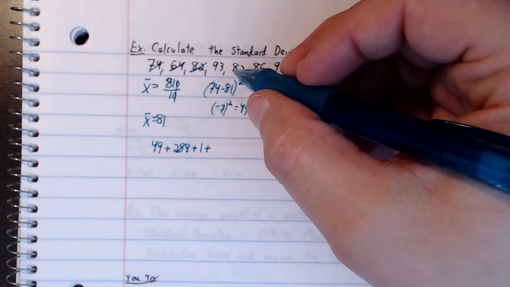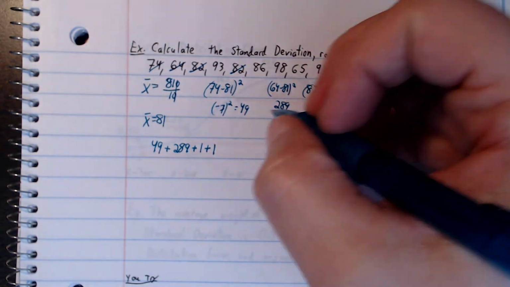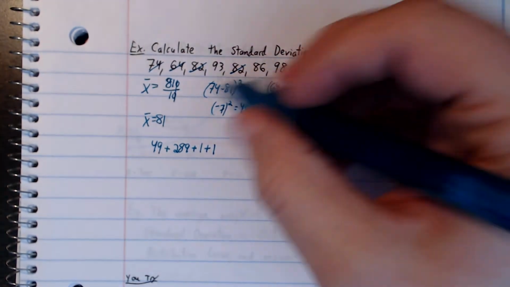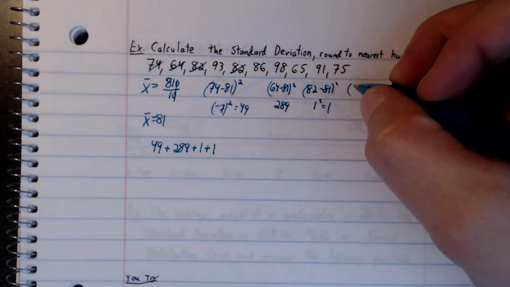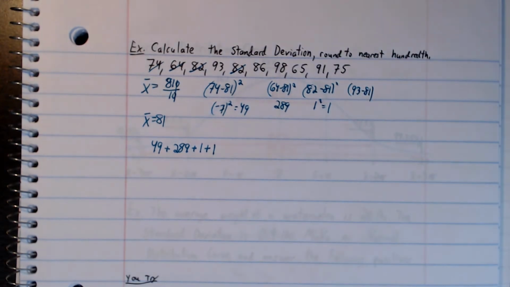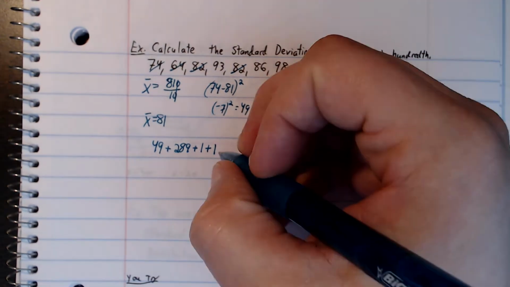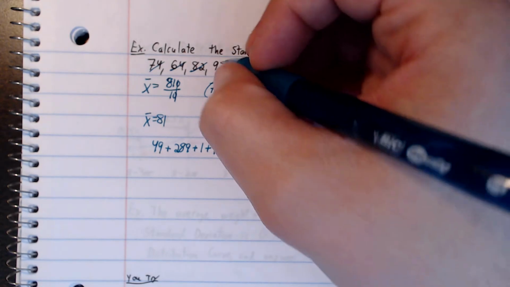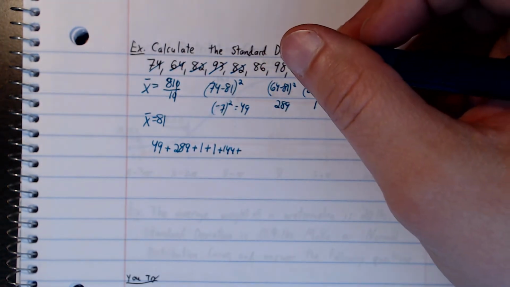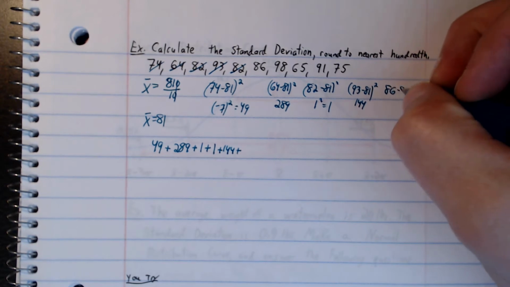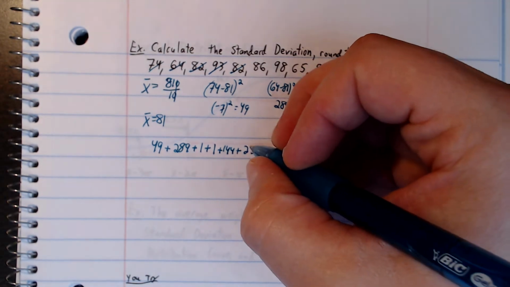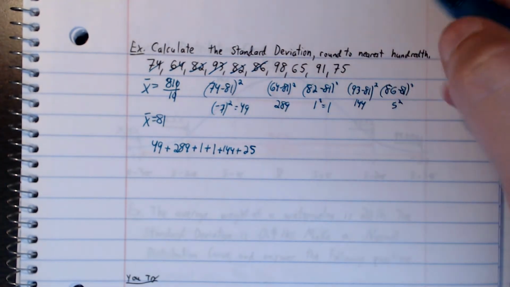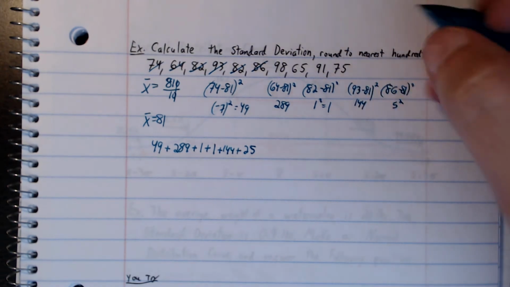What's really nice too is I have 82 showing up a couple of times, so I can really quickly write that down twice. I don't have 74 or 64 showing up again, so I don't want to do that for those. Let's see, I'm kind of running out of space.